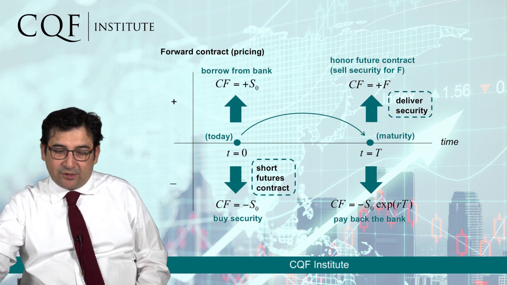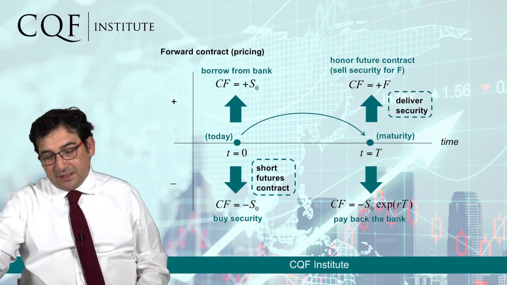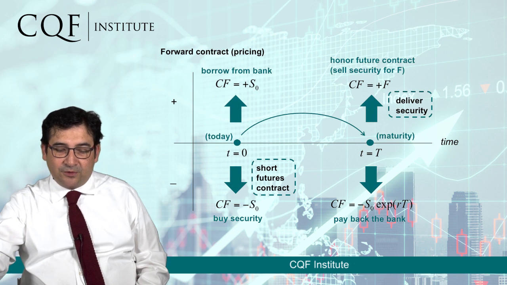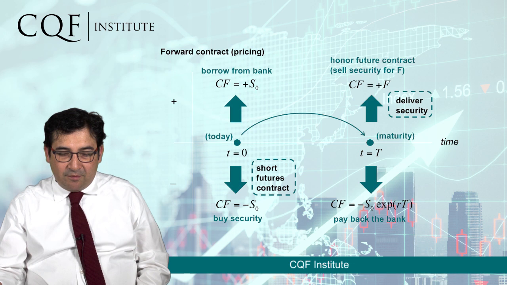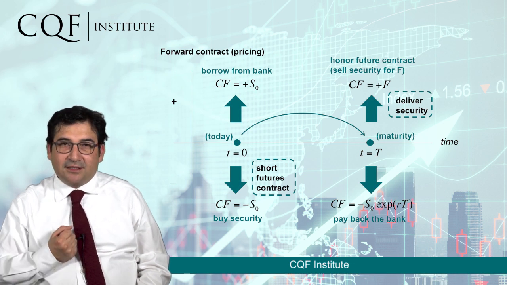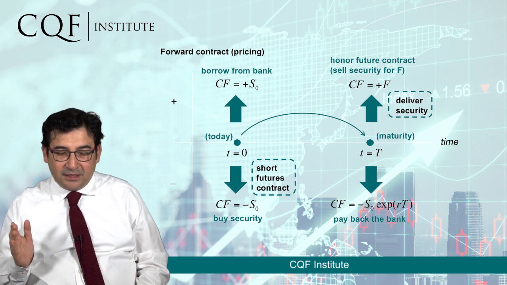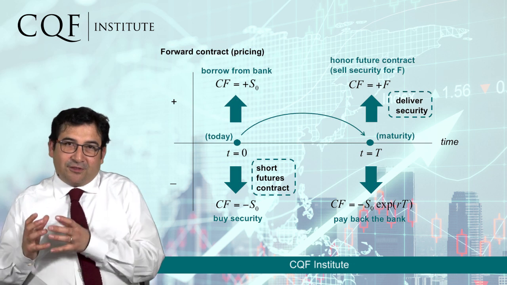Through the no arbitrage argument, we can put these cash flows in what is normally called the cash and carry argument. This shows simply that if at time zero we do the following: we sign a futures contract today, we borrow from the bank a quantity S0, the value of the underlying at time zero, and with that money we buy the security, so we have the security with us.